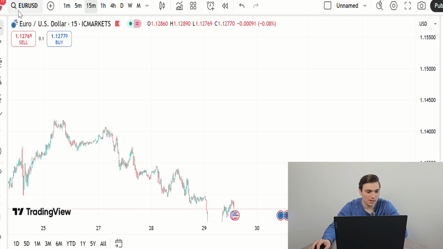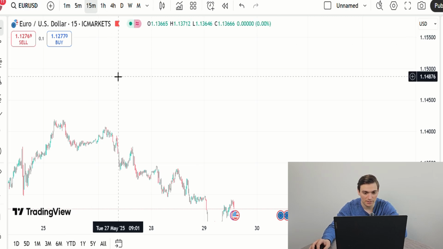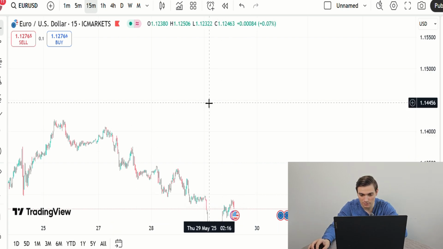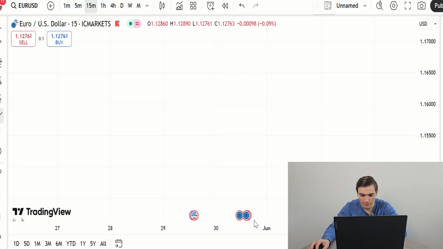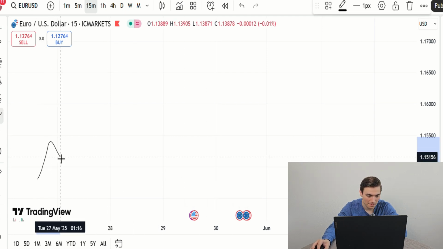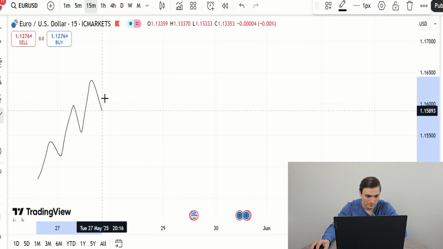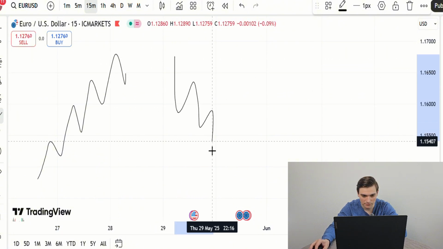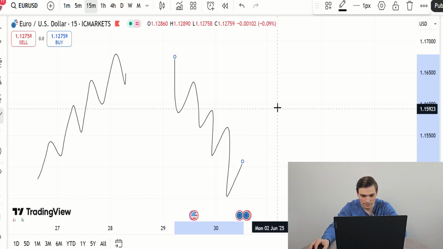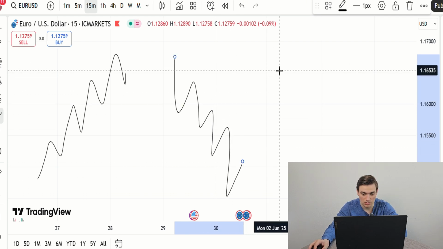As you can see guys, we are on Euro USD on the 15-minute time frame. So like I said, we have three different types of market. We have an uptrend, a downtrend, and consolidation.